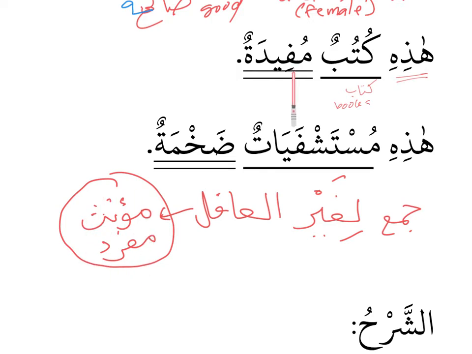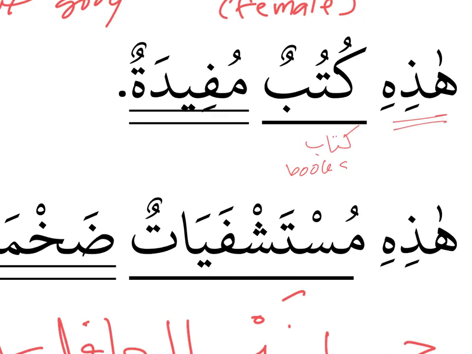That is why if you look at the sifa or the na'at, or the adjective, it is mufidatun. Mufidatun, which is in the mu'annas form and mufrad form. We do not change this word to jama'. We use the singular form and mu'annas.